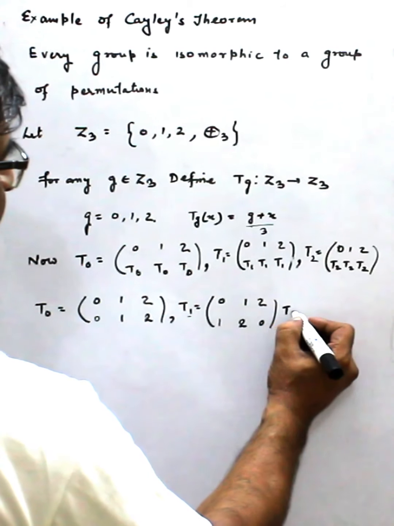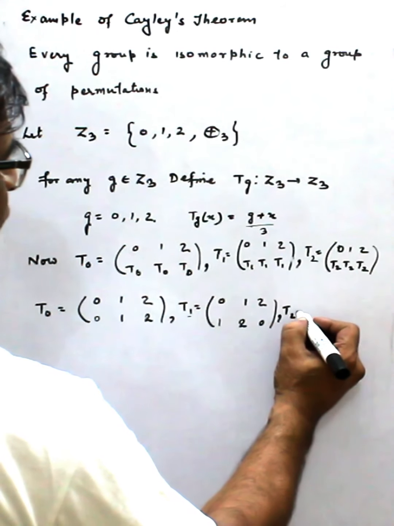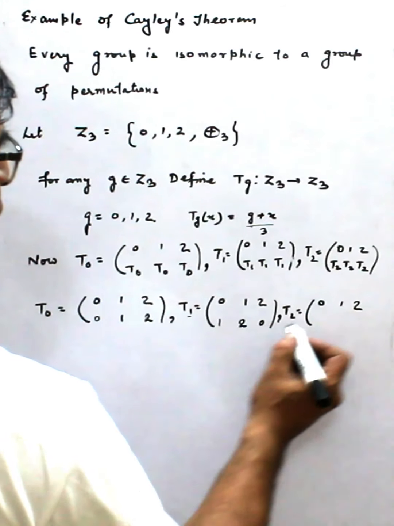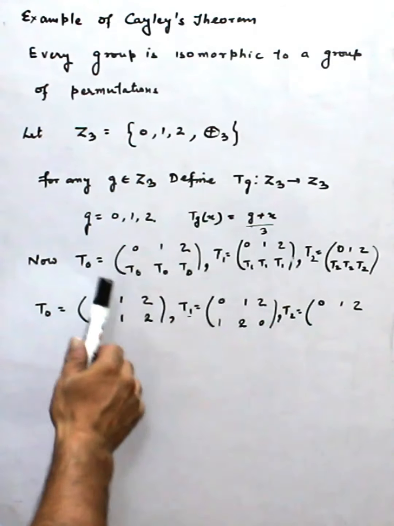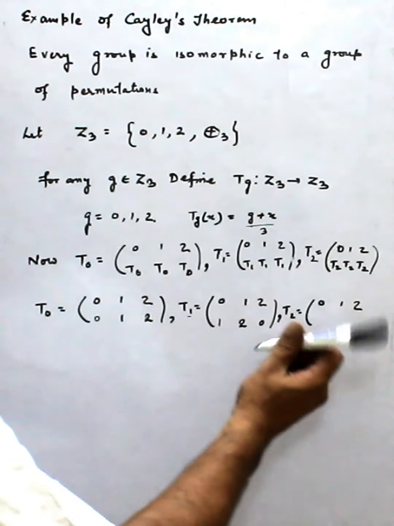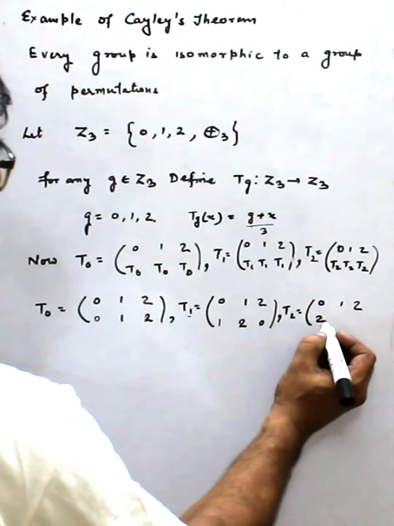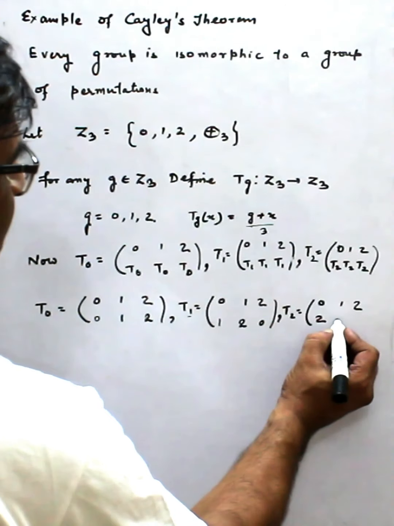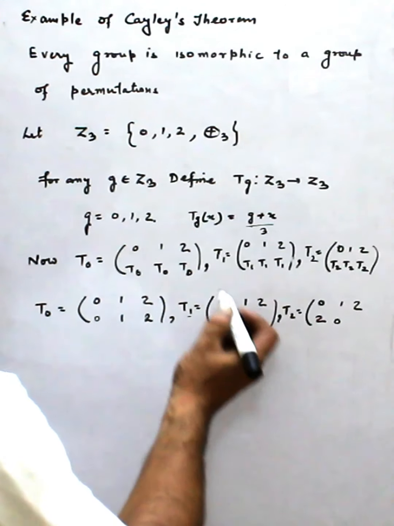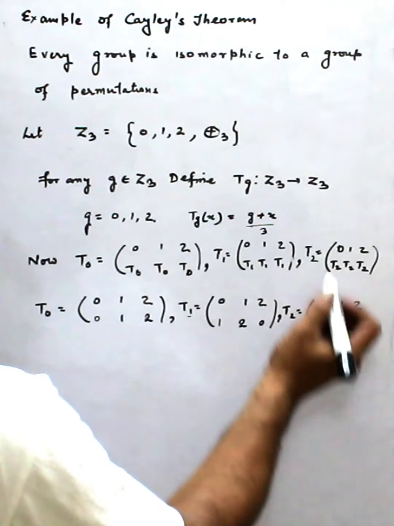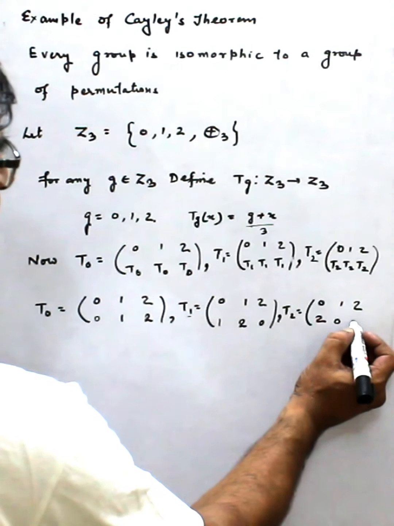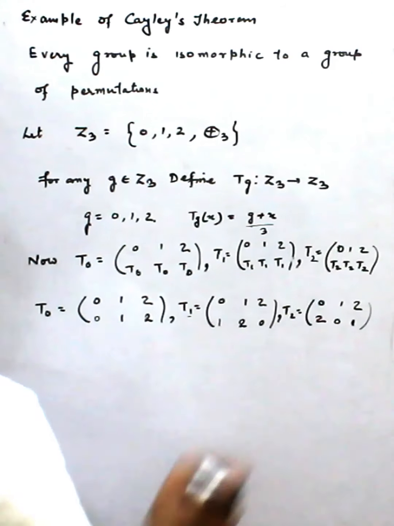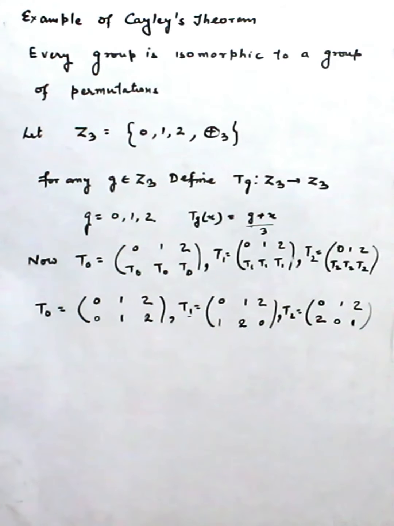Similarly T2: 0, 1, 2. Now g is 2, that means 2 plus 0 is 2. 2 plus 1 is 3, which gives 0. And 2 plus 2 is 4, 4 divided by 3 gives 1, right? These are the elements.